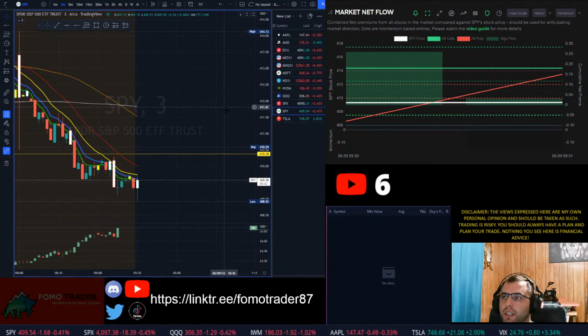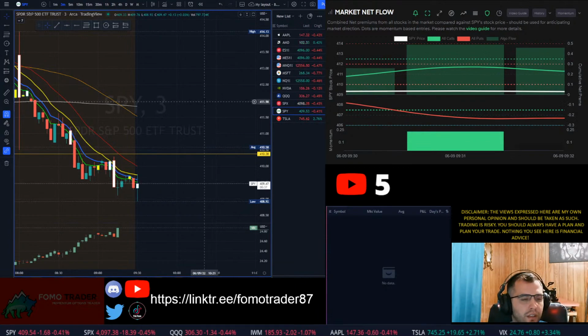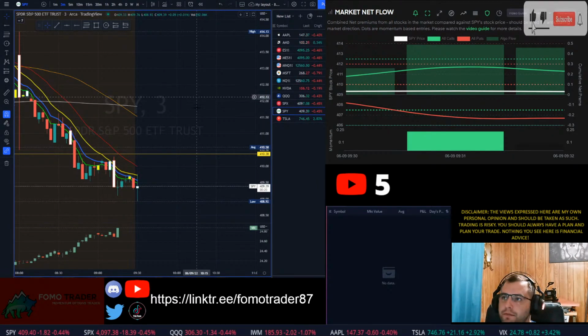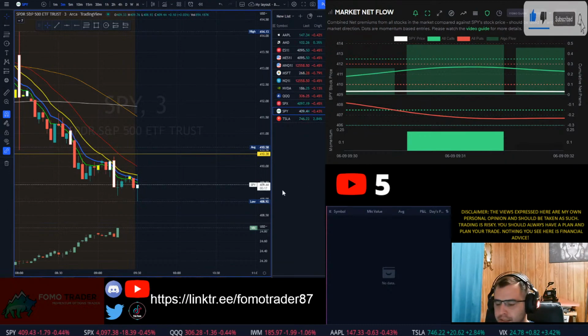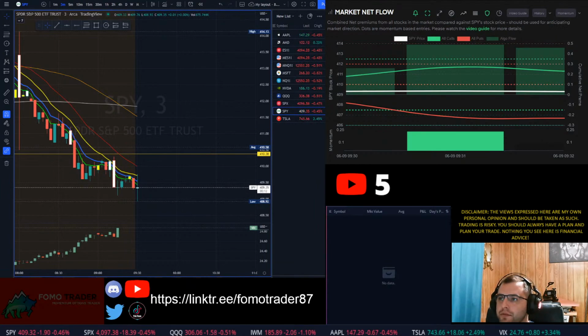We got about 45 seconds before this candle closes. Ten seconds on this candle.